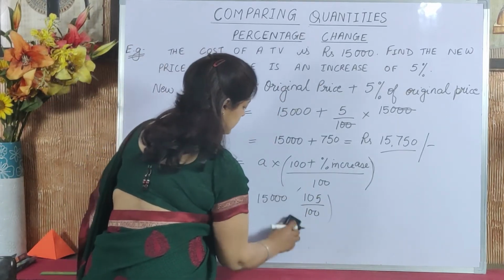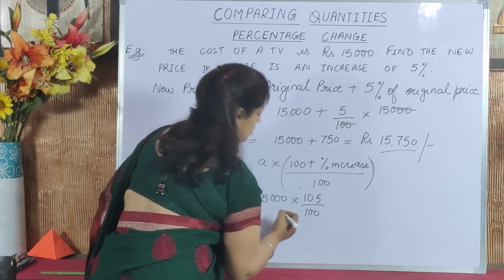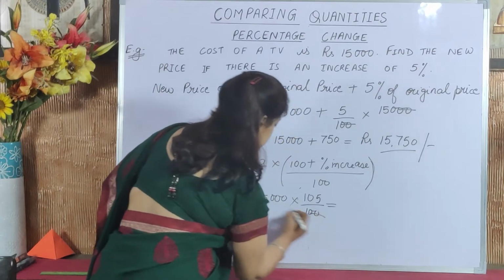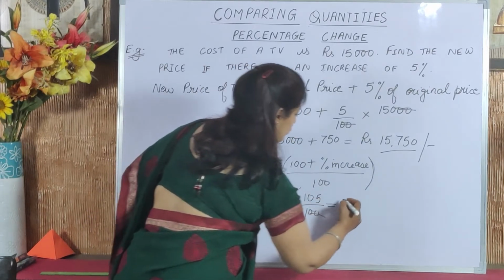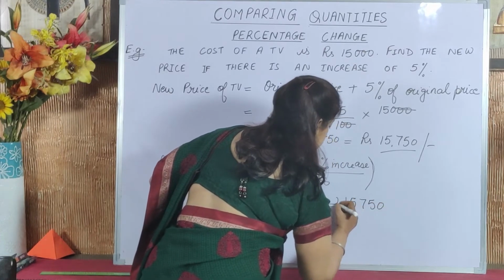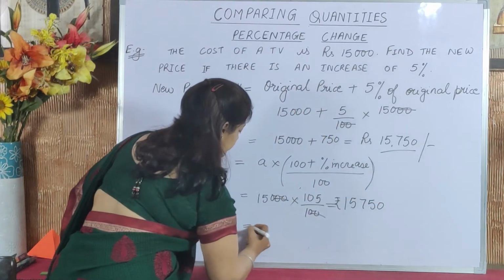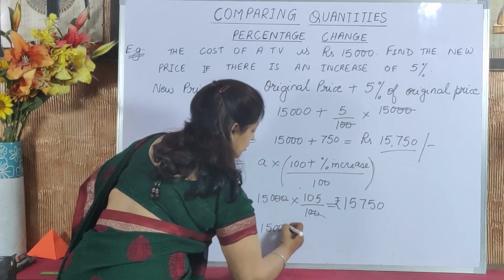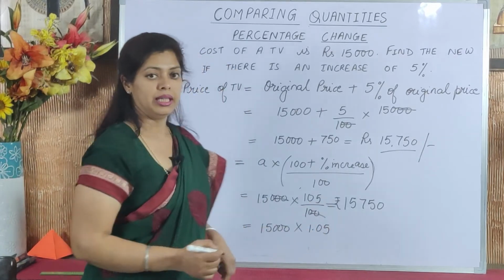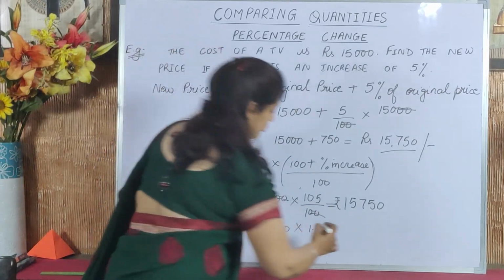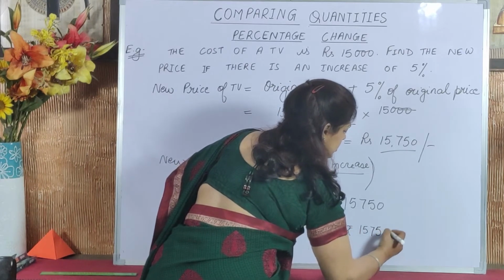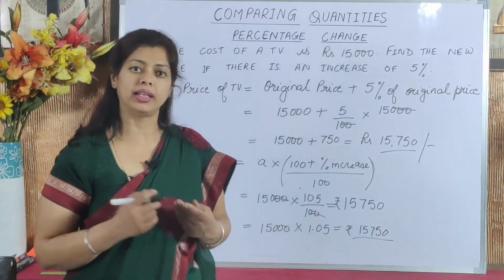Or you can simply write this as a multiplication. Your zeros get cancelled, 150 into 105. That is 15,750 rupees. Or you can multiply 15,000 by 1.05 because 105% is equivalent to 1.05. So this is the new price of the TV with the increase.